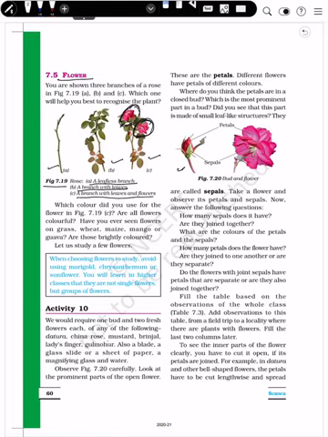Now students, the flower is one of the most attractive and colorful parts of the plant. But it's not necessary that all flowers are colorful.